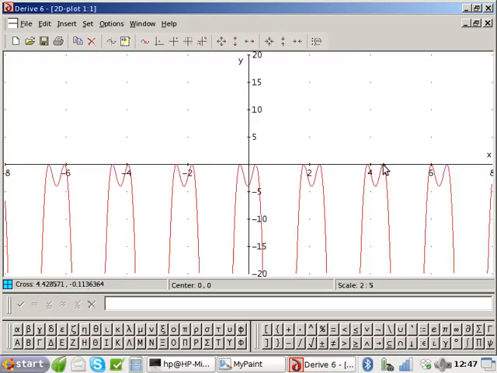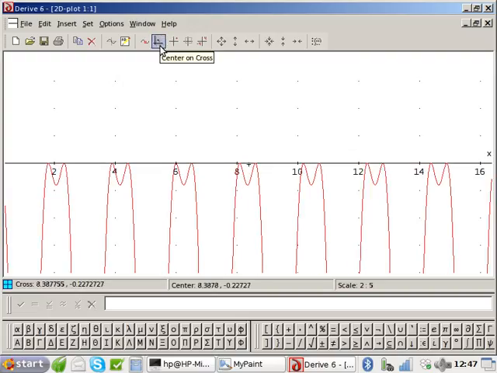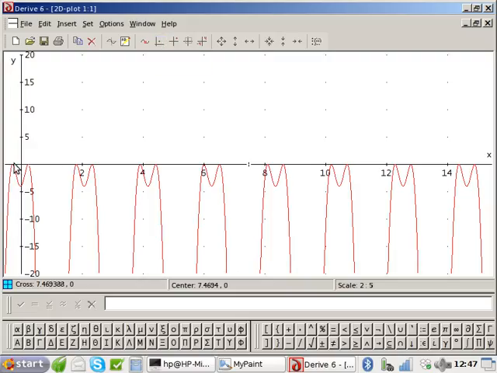Let me just center here. Okay, so we don't really care about the bit to the left here. So 2 pi is about to here. So you can see that it crosses 1, 2, 3, 4, 5, 6.